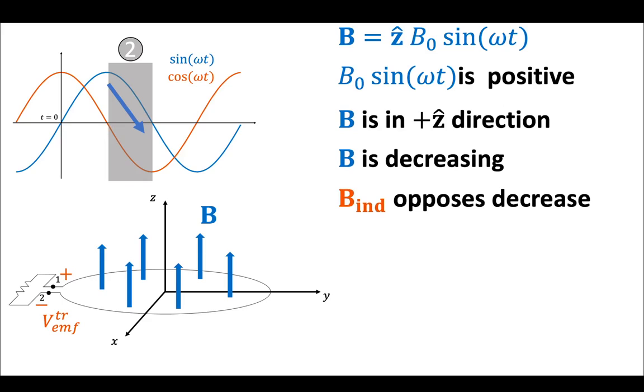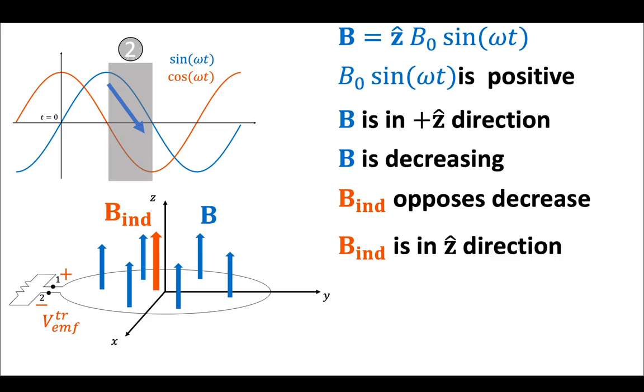And the induced magnetic field, B induced, is always going to oppose change. So to oppose the decrease, the induced magnetic field is going to be pointed in the positive z direction because the B is getting smaller. So we're going to have an induced B, a magnetic field that's induced in the positive z direction to oppose that decrease.